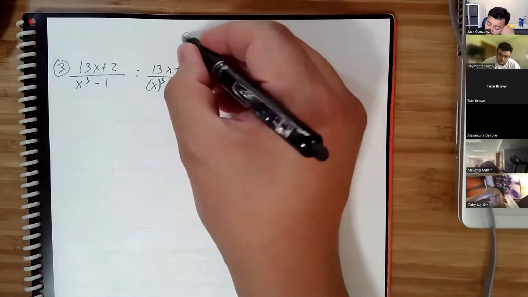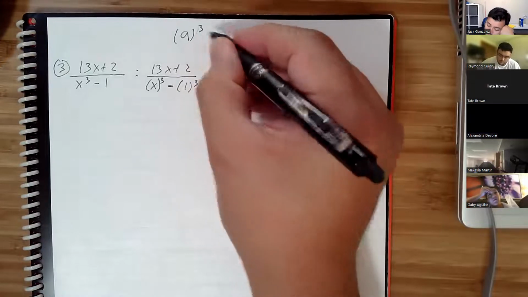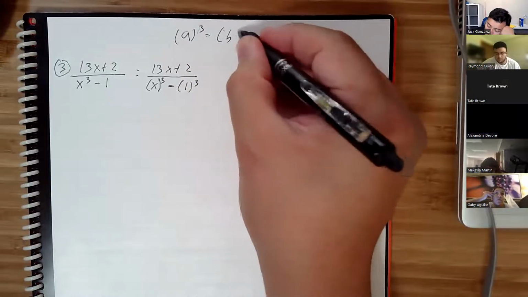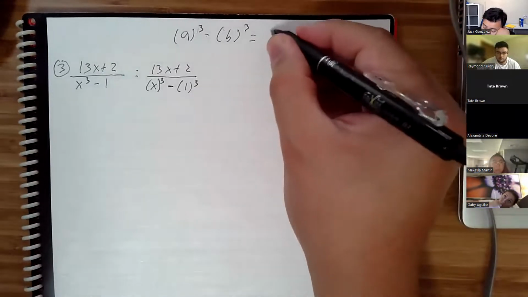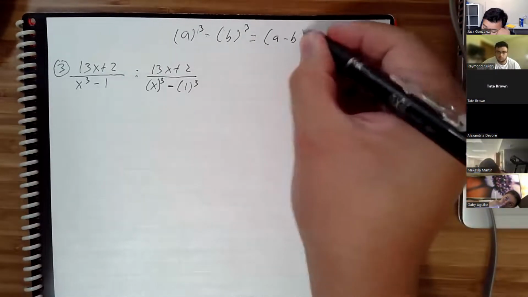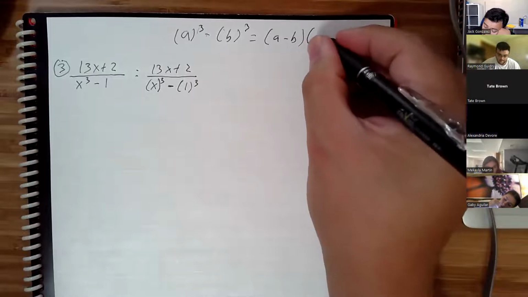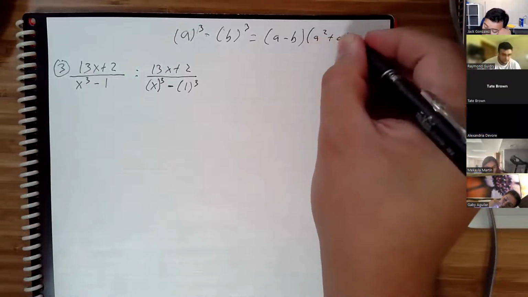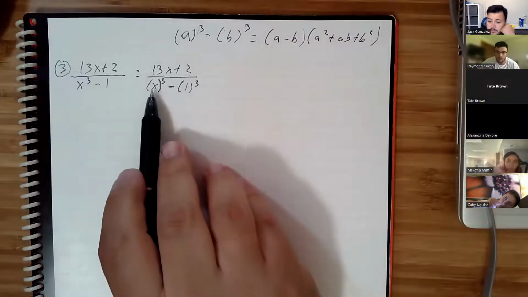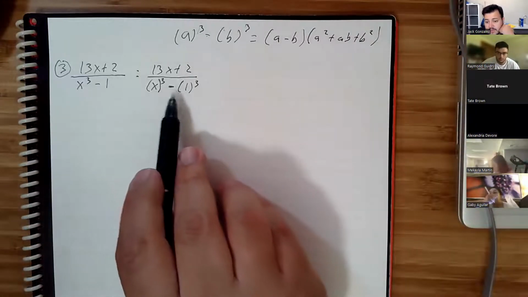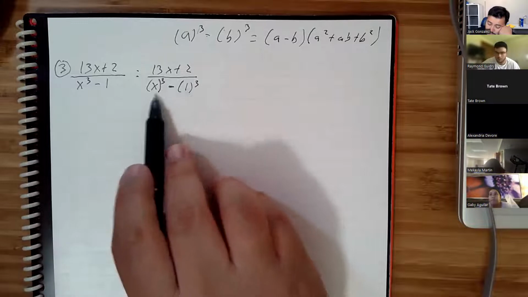The formula you're going to need, I think I wrote it down last time. When you have 2 cubes being subtracted, it's going to be a minus b times a squared plus ab plus b squared. So here we have our 2 cubes, something cubed minus something cubed, my a and my b.